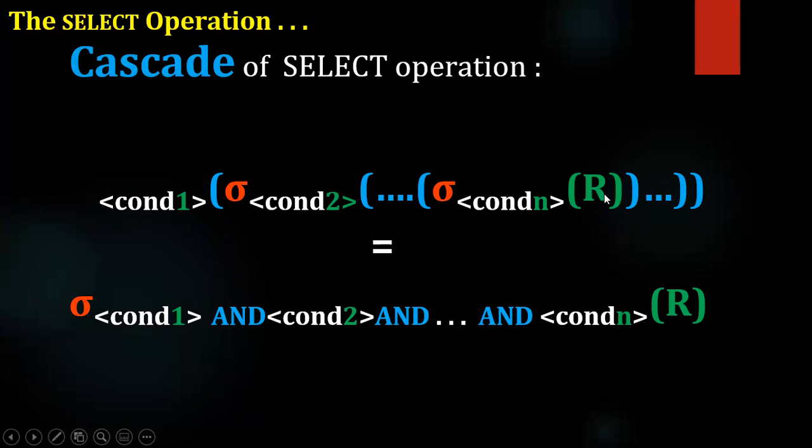Instead of applying the select operation n times, I can take all the conditions and apply the logical AND operation. Apply the selection only once with condition 1 and condition 2 and condition 3 and condition 4, and we get the same result.